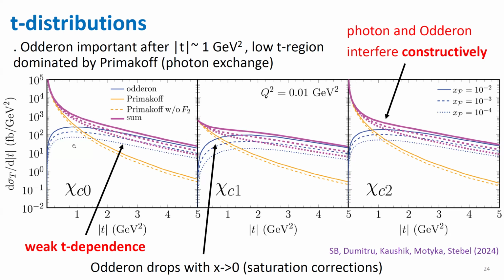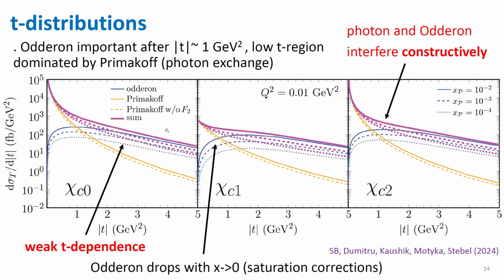Now, if you then move to the higher t range, then we have this characteristically weak t dependence of the Odderon, and let's say after t equal 1 GeV squared, the Odderon cross-section takes over, and it actually dominates. The magenta curves that I'm showing here are the total cross-section. That's what supposedly would be measured, and this is where the Primakoff and the Odderon contributions are added at the amplitude level.